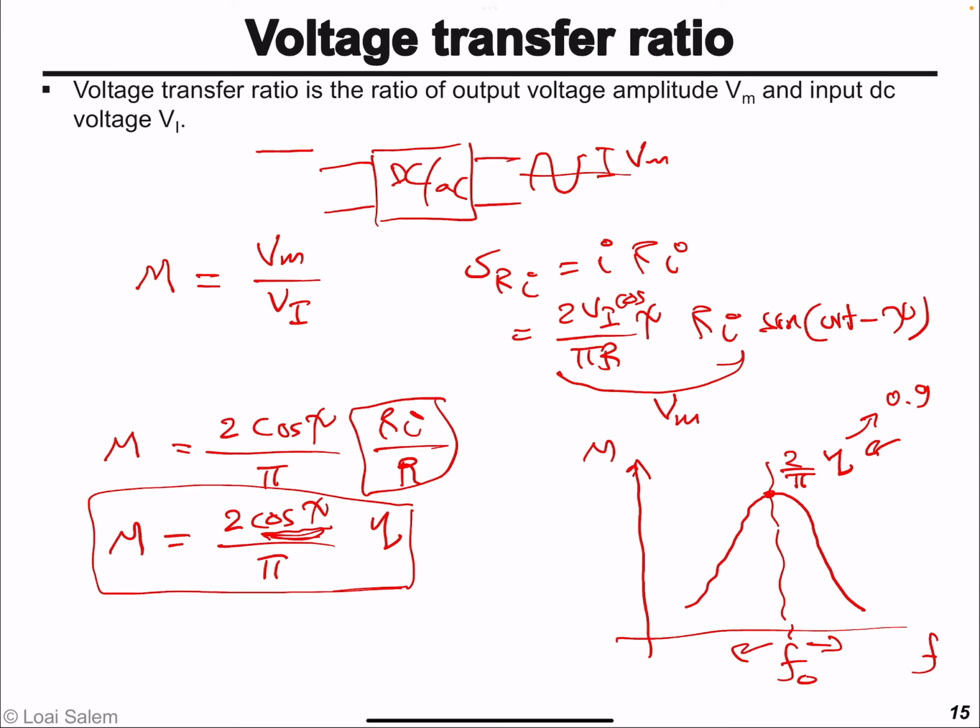Now, one observation here is sometimes we would like to control the amplitude of the produced AC output voltage. And to do that, what can be done is to control the switching frequency of the half bridge, so we deviate from the resonant frequency.